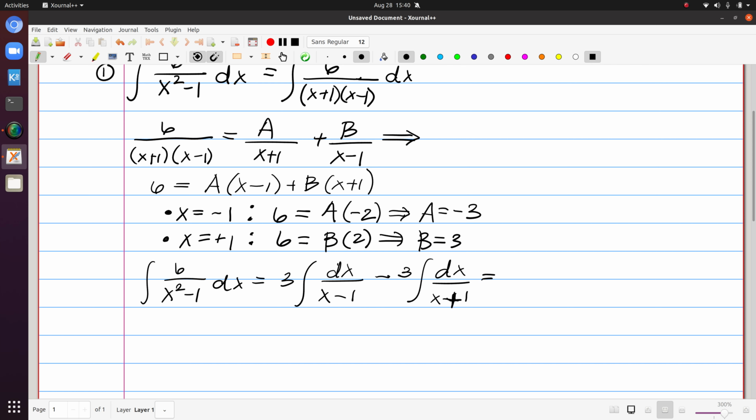I can write this now as 3 natural log of absolute value of x minus 1 minus 3 natural log absolute value of x plus 1 plus C.